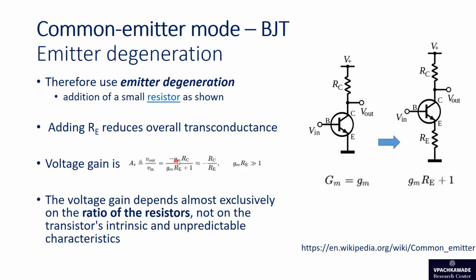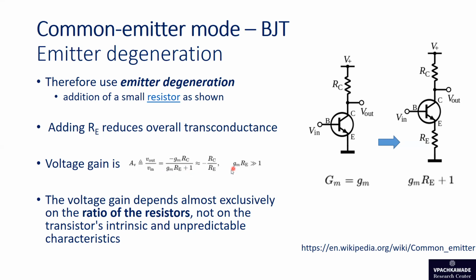And the gain of this circuit depends on gm, which can vary due to the temperature and the bias current. However, with the addition of RE, the gain of the circuit is set by this expression, which is minus gm times RC divided by (gm times RE plus 1). So this factor comes into the denominator and reduces the gain by this factor.